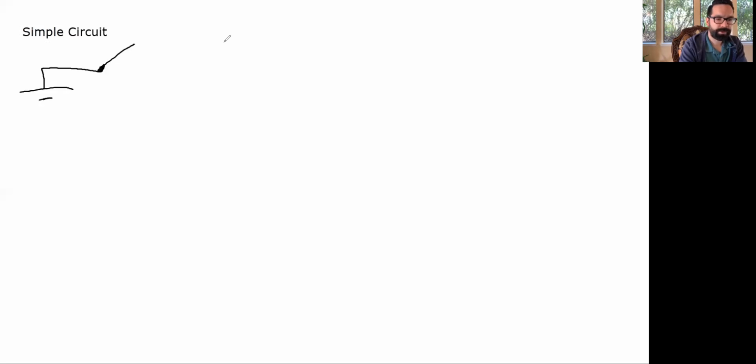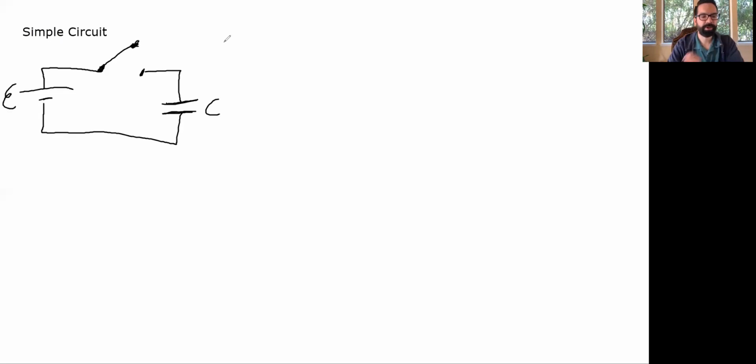And then from that switch, we're going to go to a capacitor. Okay, so let me label these as my capacitor. This is my battery with some EMF. And that thing up here, that's my switch. So when the switch is open, as you can see, which it is right now, I have no current running through it.